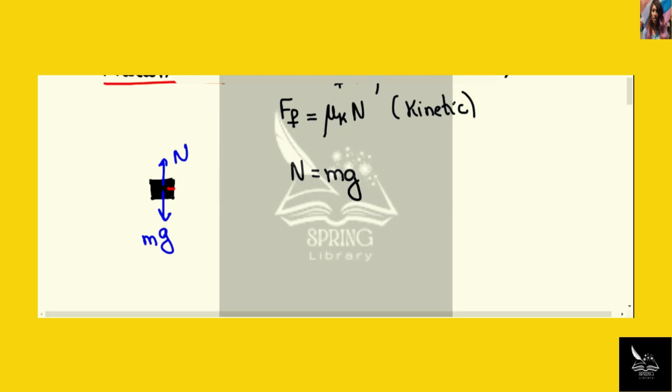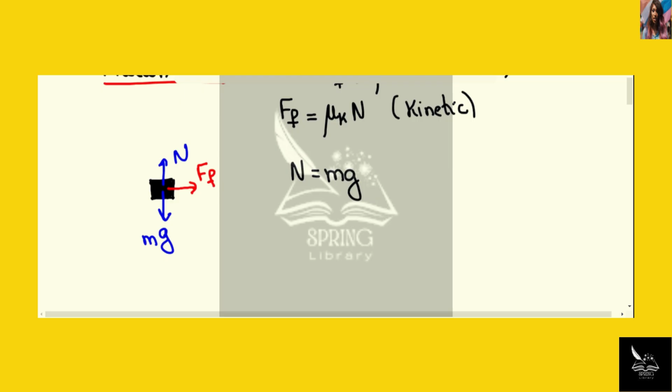Since the carton must not be moving relative to the assembly line, because we want the carton not to slip, the friction force we're talking about must be the static friction force. Remember, we are looking for the smallest possible radius of curvature that the assembly line can have so that the carton doesn't slip.